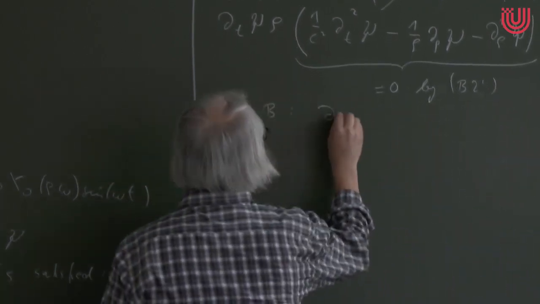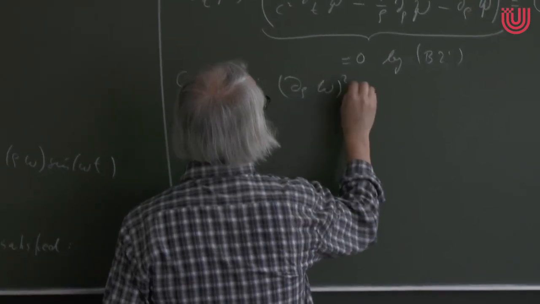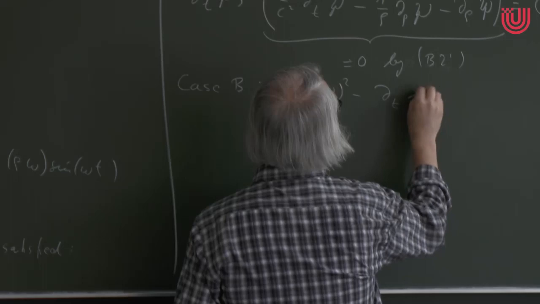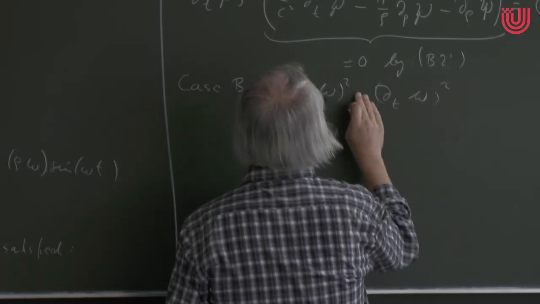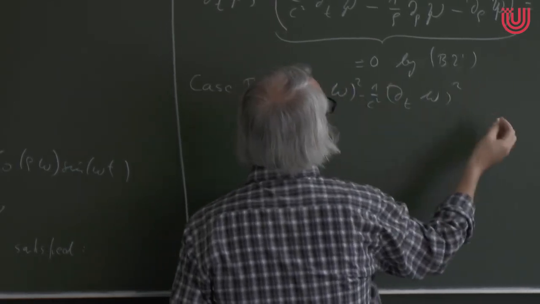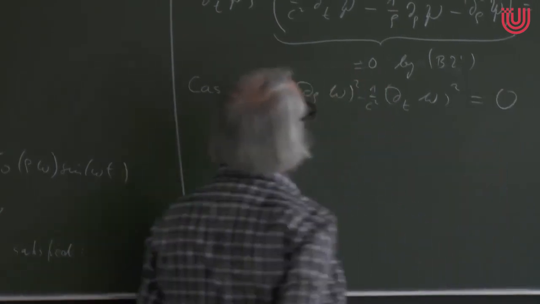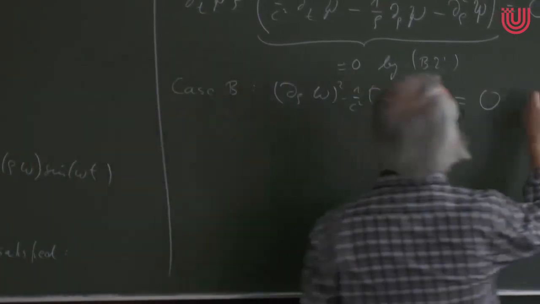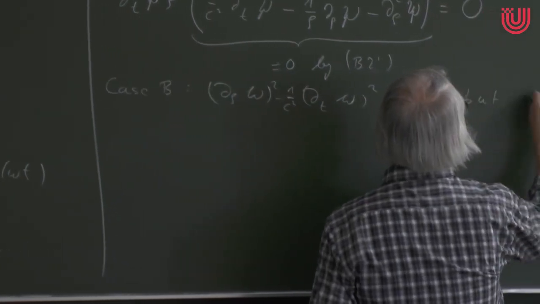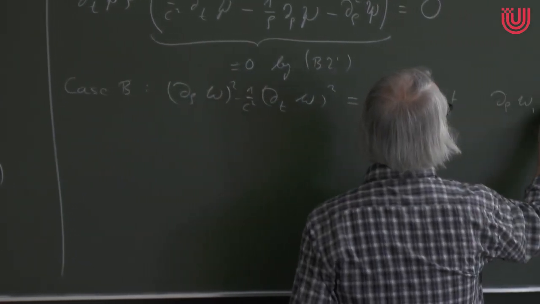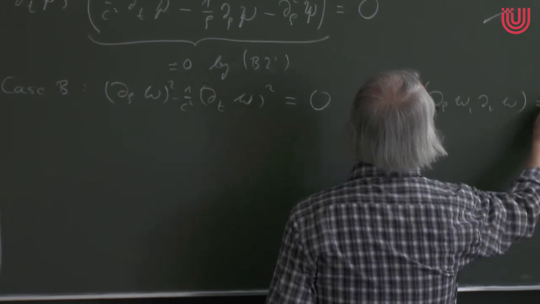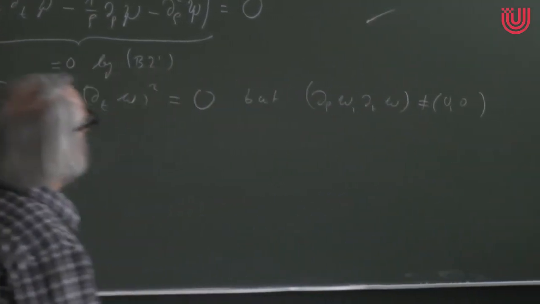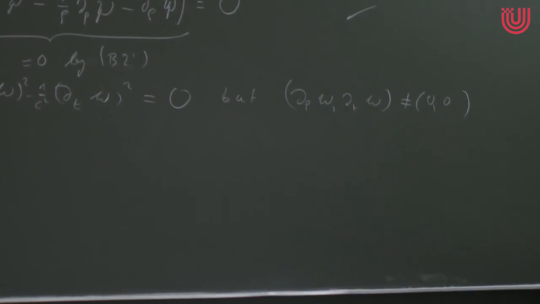So this would be the case as d rho W squared minus dt W squared with a 1 over c squared in front of it is equal to 0. So that the gradient is light-like, but the gradient should not be the 0 vector. So d rho W, dt W should not be both equal to 0. So the gradient is not the 0 vector, but it is a light-like vector.